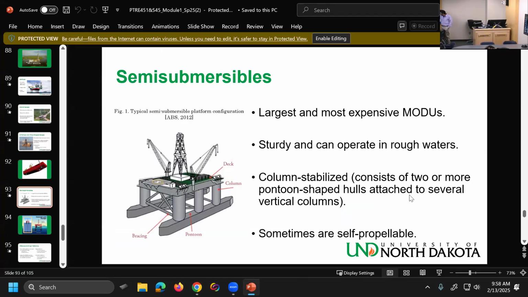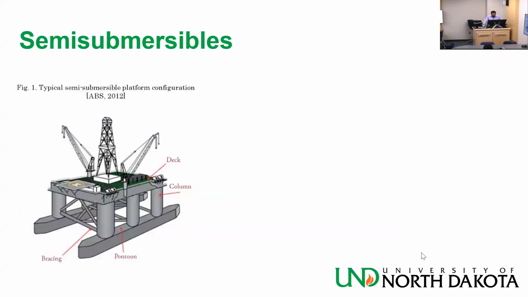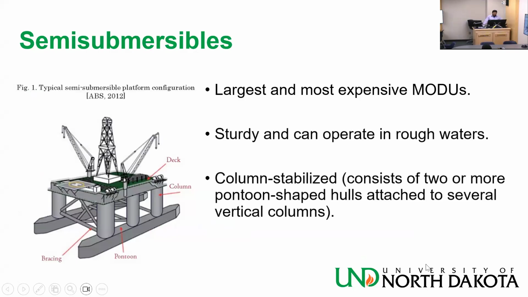You have the deck, and basically the deck is the rig floor, with bracing holding it together. It's sturdy and can operate in rough waters. Column stabilized, it consists of two or more pontoon-shaped hulls attached to several vertical columns.